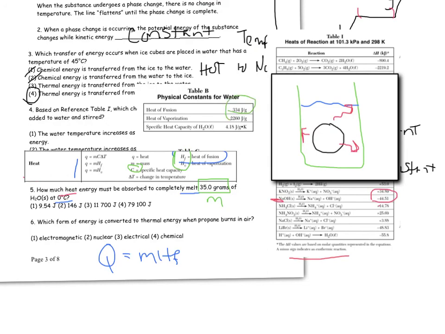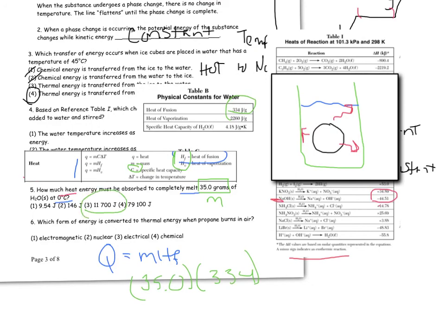The heat of fusion is 334. So what we're going to do is take 35, our mass, times the heat of fusion, 334. When you put this in your calculator, it will give you a different number. But remember that all numbers on multiple choice questions are rounded to the correct number of significant digits. So the rounded number will be closest to this number 3.